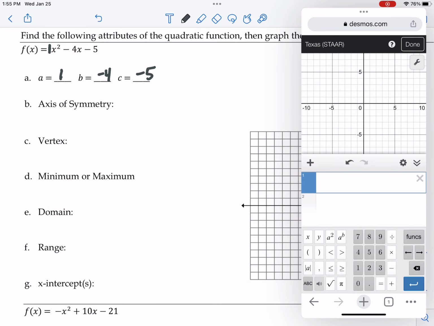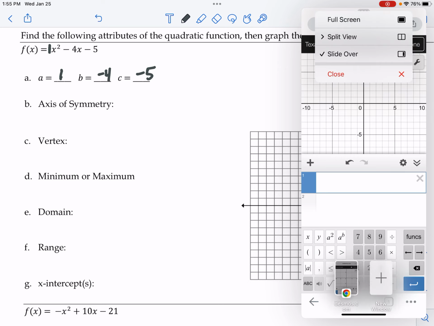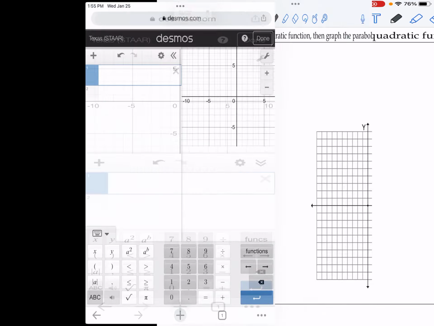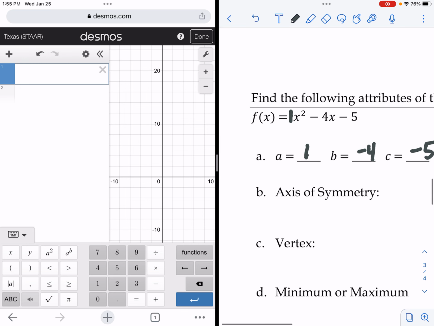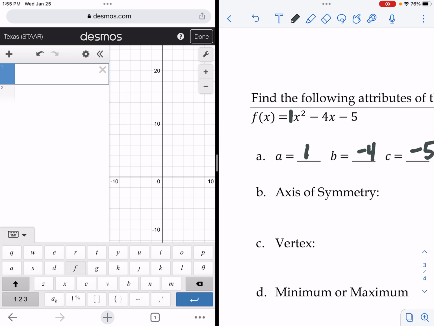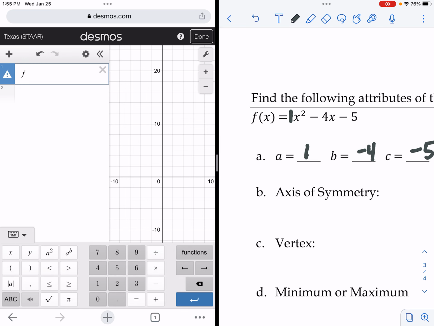And you can do this on the exit ticket too. Okay, so when you're typing this equation in, you can type f of x, f parenthesis x equals, or you can do y equals. You just don't want to type x equals.